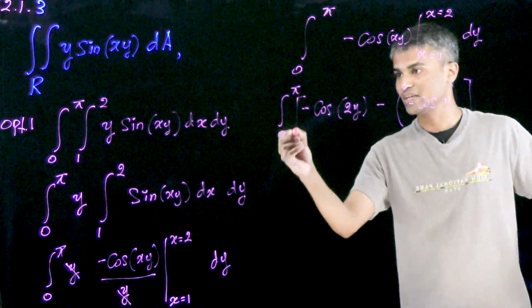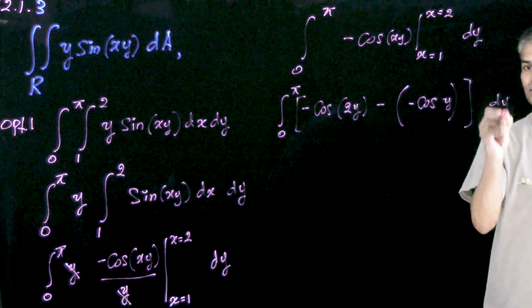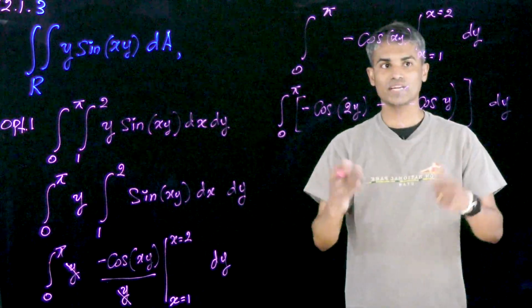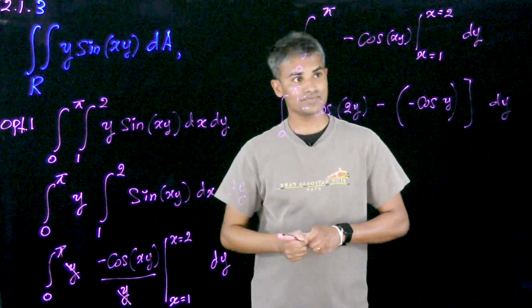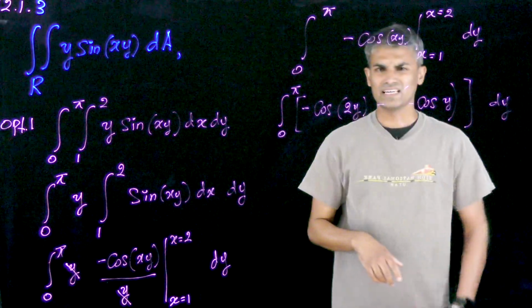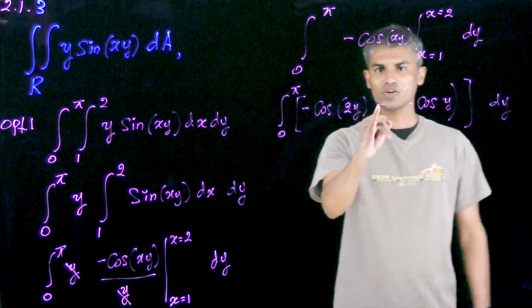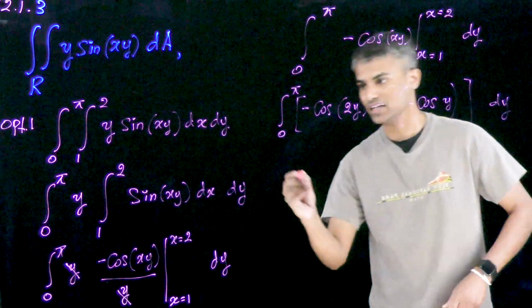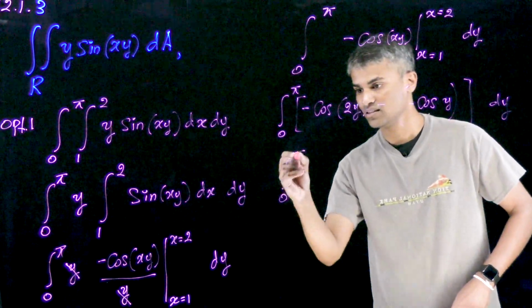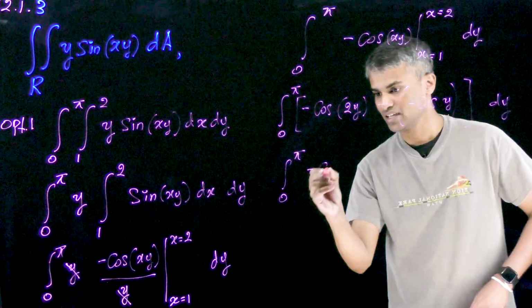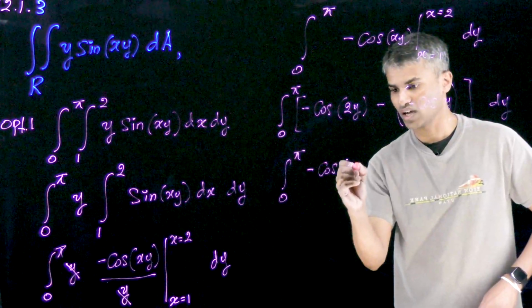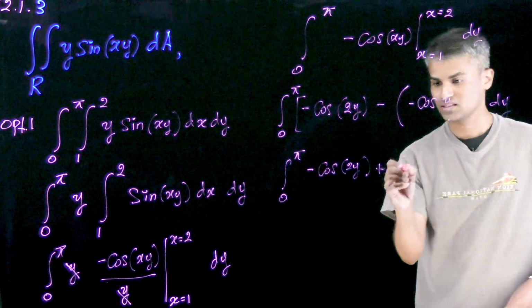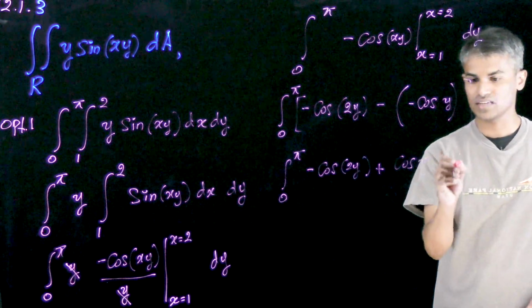This is your new integrand that you get after the first integral. Now, if you want, you can distribute this negative, and then you have plus cosine of y. Let us do that. Minus cosine of 2y plus cosine of y dy.